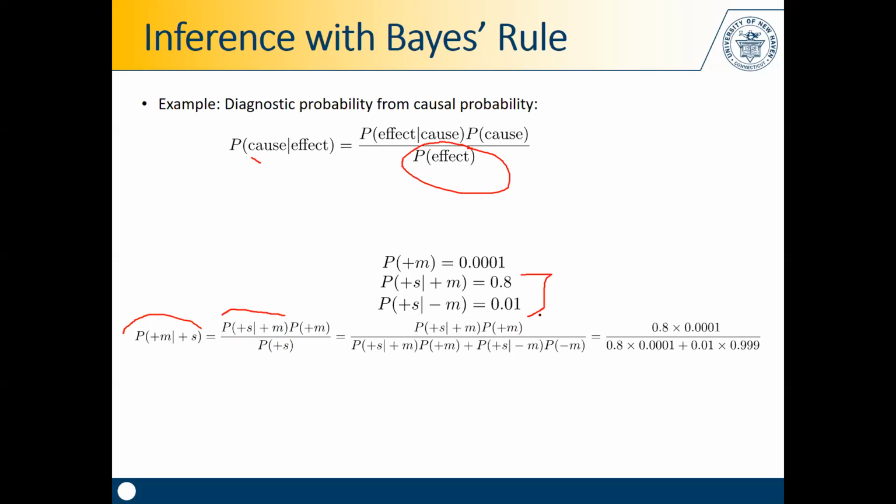You have to find the probability of plus s from these conditionals. What's the probability of plus s? Remember this?